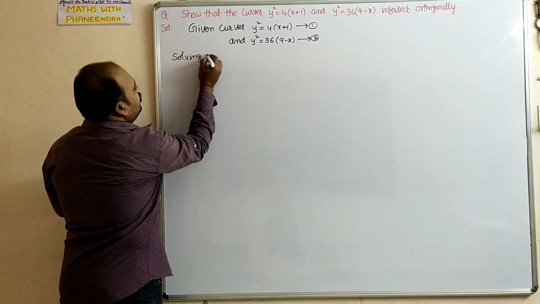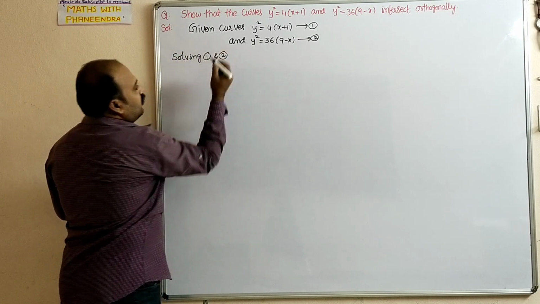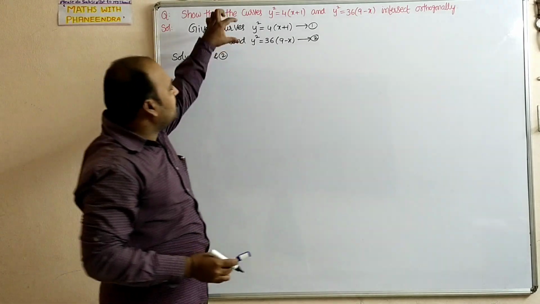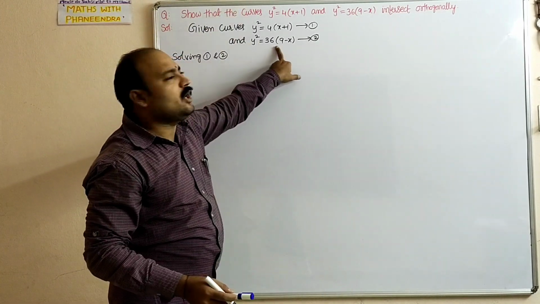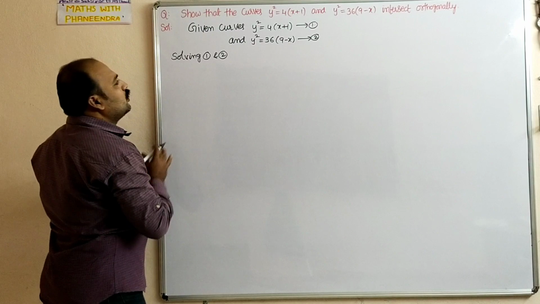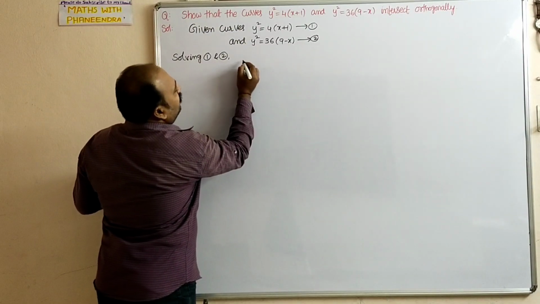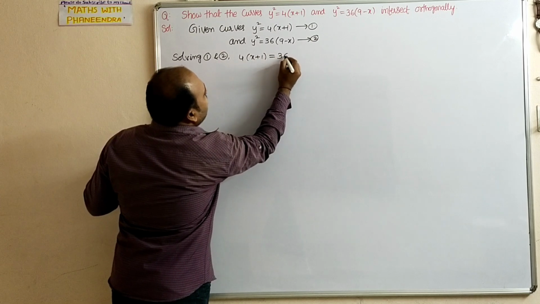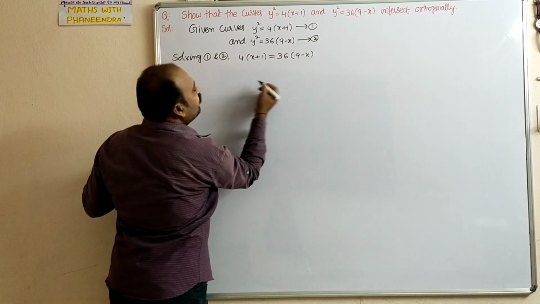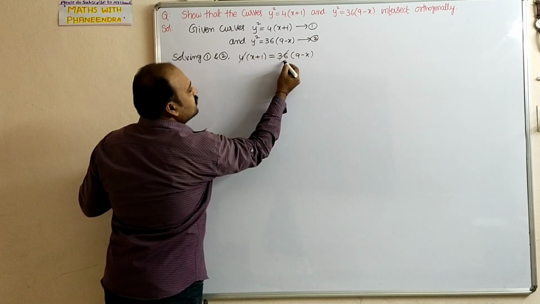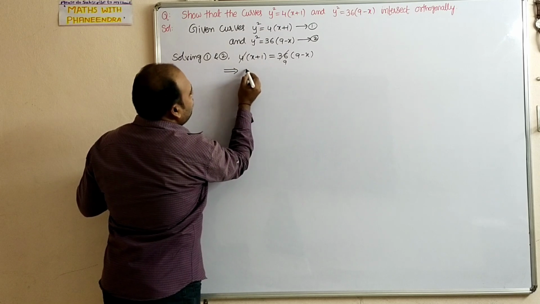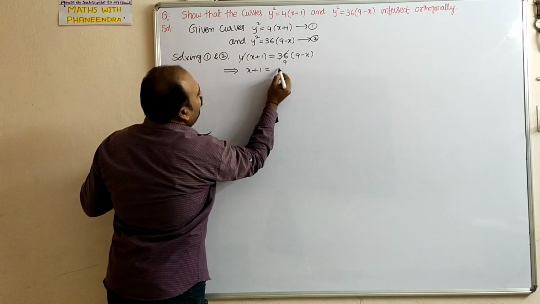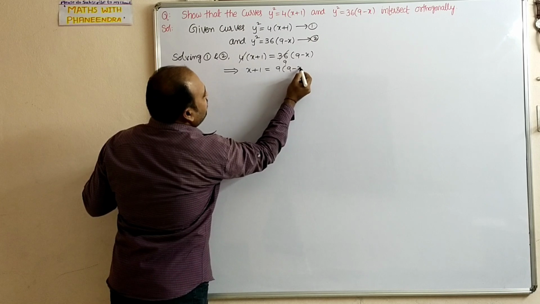By observing both the equations, the LHS are equal, so we have to equate the RHS only. So 4 into (x plus 1) is equal to 36 into (9 minus x). 4 ones are 4, 4 nines are 36. So that implies x plus 1 is equal to 9 into (9 minus x).